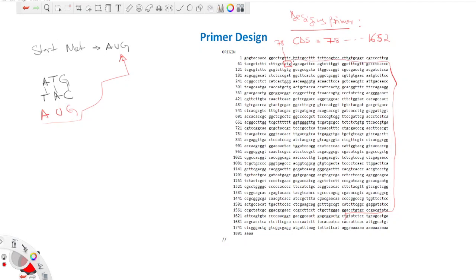Of course, there are nicer ways of highlighting the whole thing, but at least you get where this is going. So this region here is my coding region, and that's how we identify it.